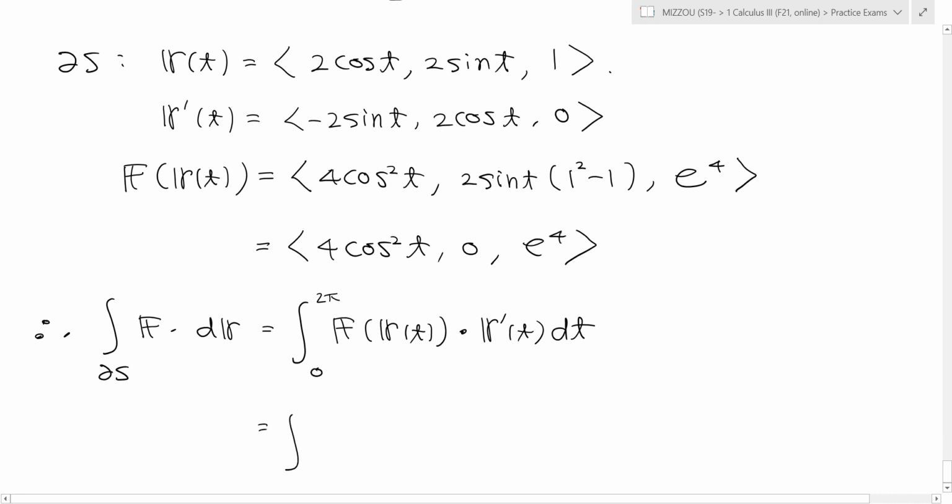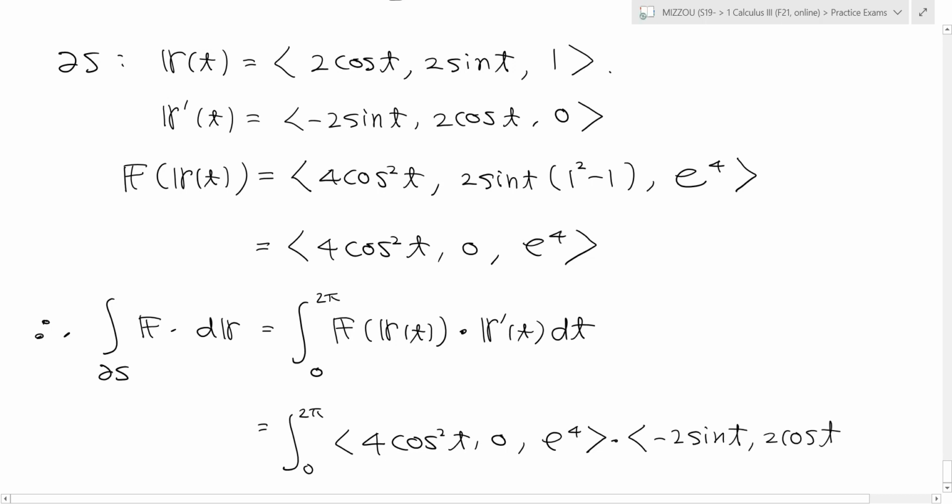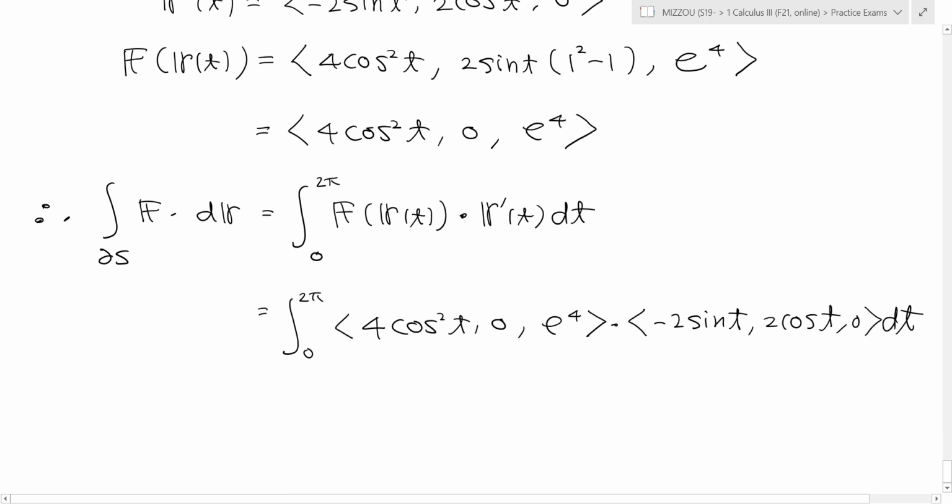What's this? This one is the integral from 0 to 2 pi of 4 cosine squared t, 0, e to the 4, dot negative 2 sine t, 2 cosine t, 0, dt.